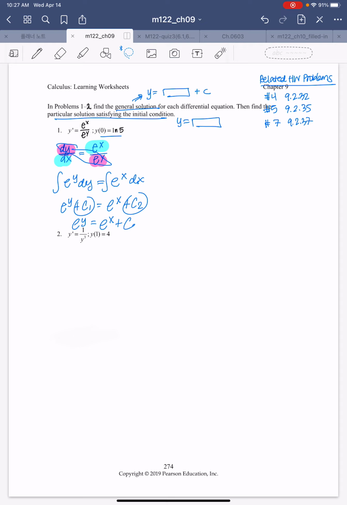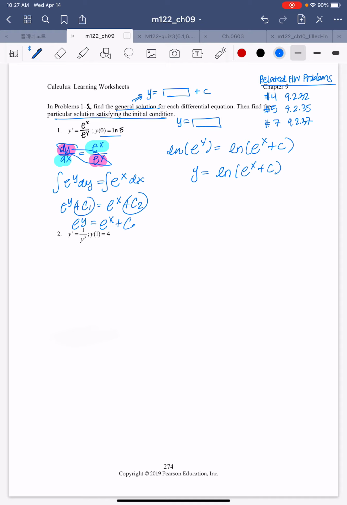I'm going to have ln of e to the y and ln of e to the x plus c. Then I'm going to have y is equal to ln of e to the x plus c.